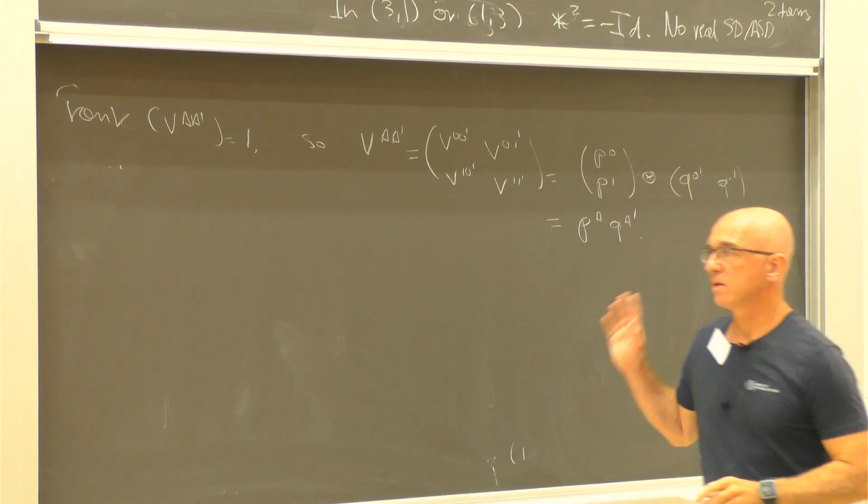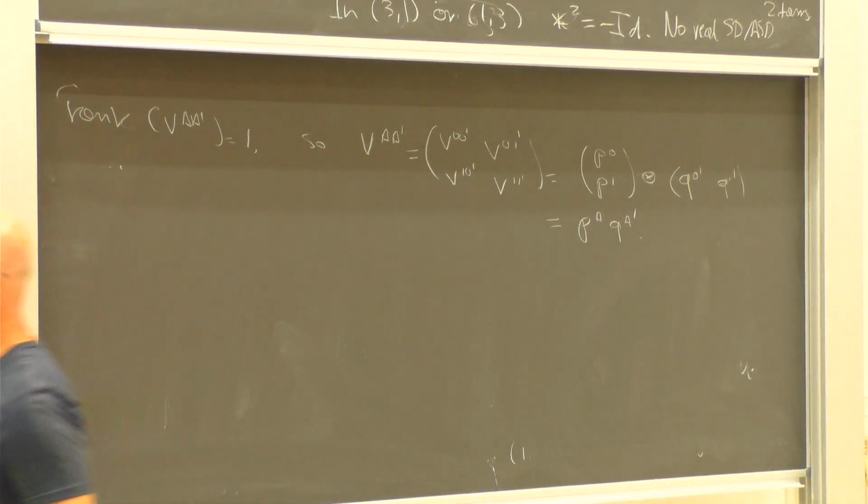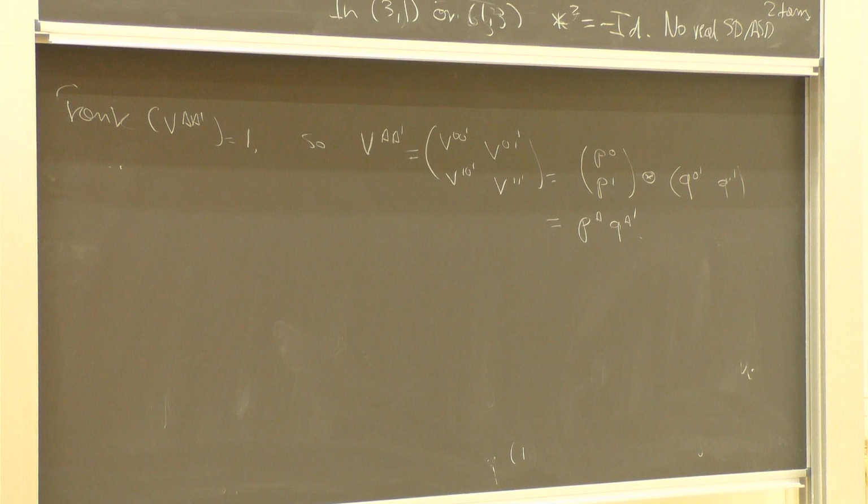So, just to recap, go back to this isomorphism. It doesn't mean that every vector is a product of two spinors. This means that every vector is a combination of products of two spinors. But what we've just shown is that a vector is a product of two spinors if and only if it's null.